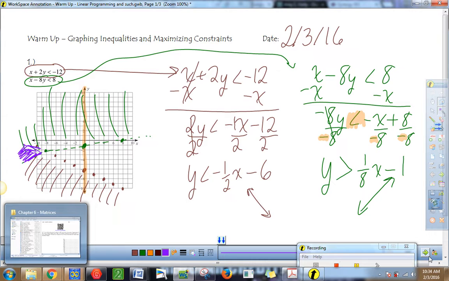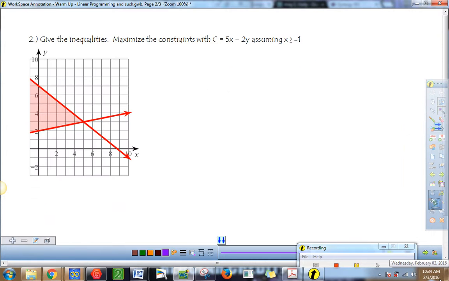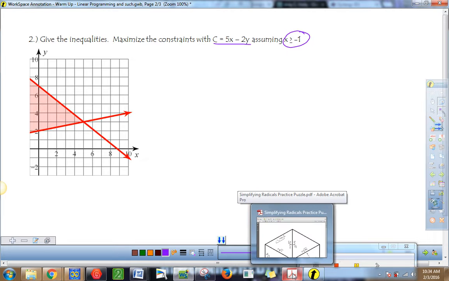Okay. How about this stuff? So it says, give the inequalities, maximize the constraints with c equals 5x minus 2y, assuming that x is greater than or equal to negative 1.